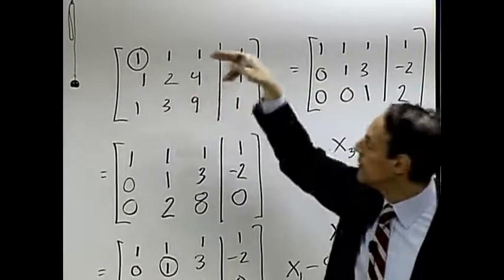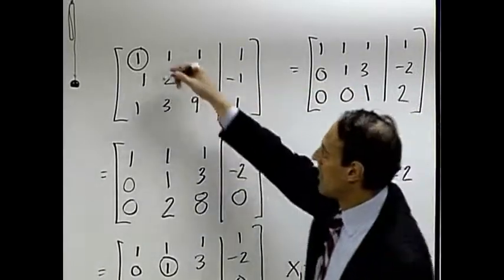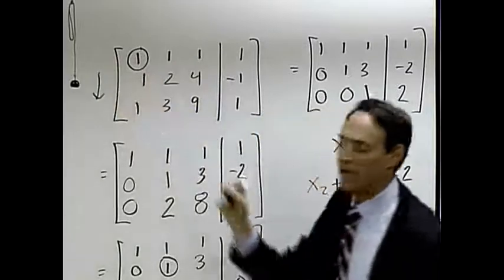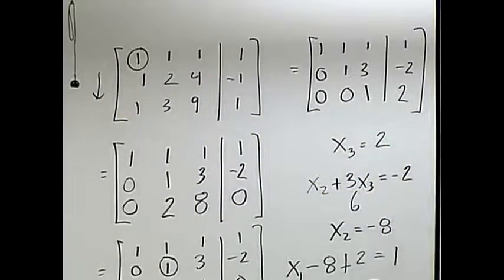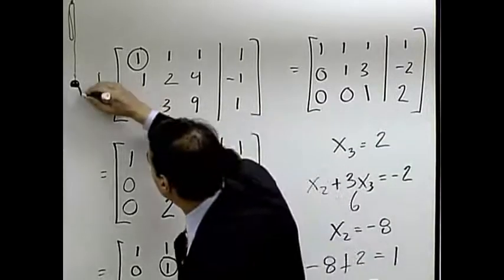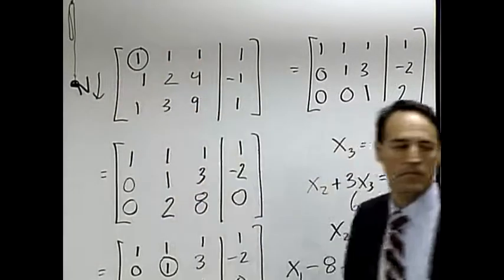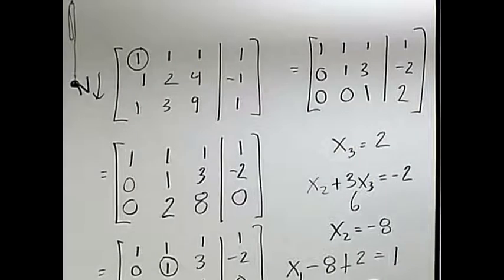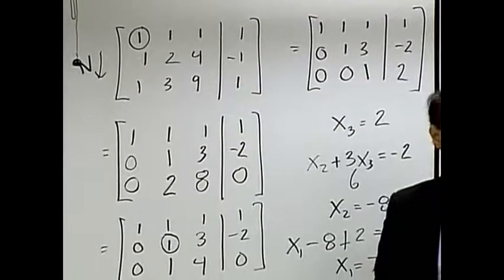So for each pivot, I've got to go down. How many of these do I have to go down? Well, here's a 3 by 3, but in general, there's n of them. If I have an n by n system, I'm going to go down these n rows.